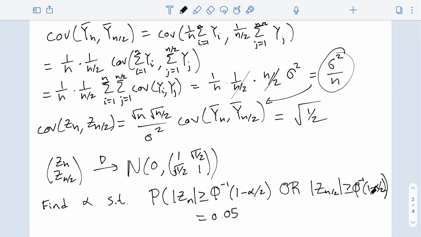Just to note, those are very poorly drawn capital Phis that are meant to indicate the CDF of a standard Gaussian.